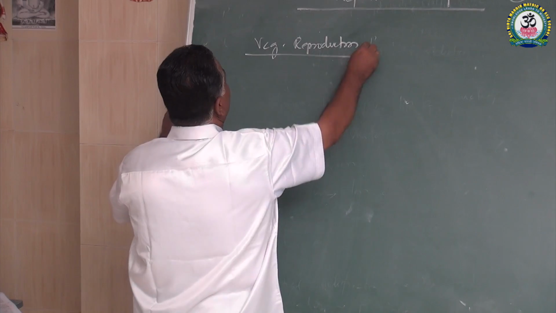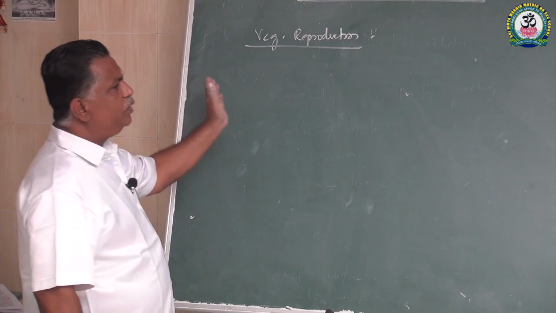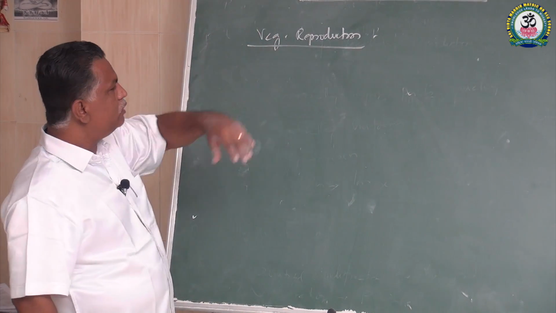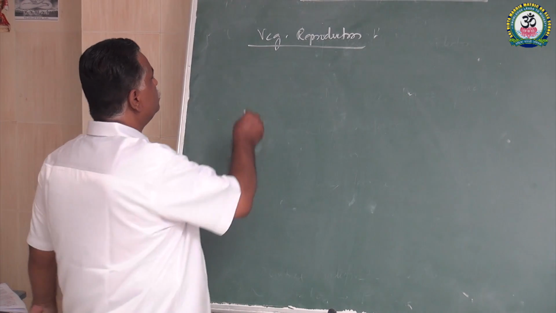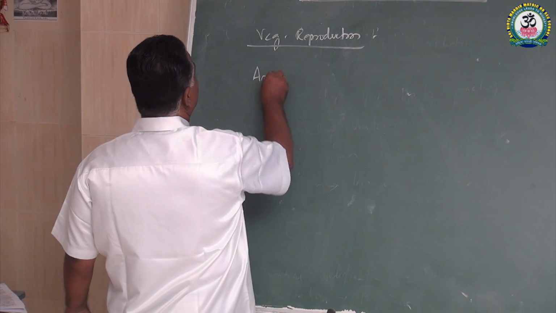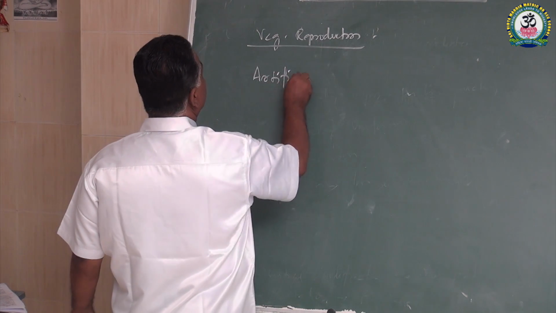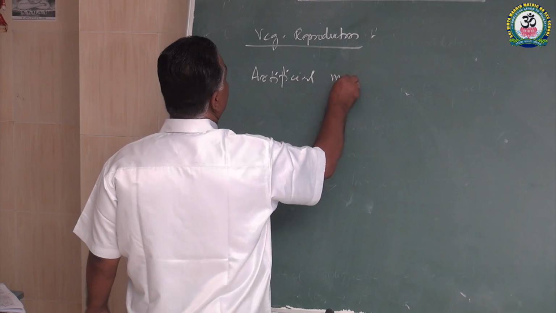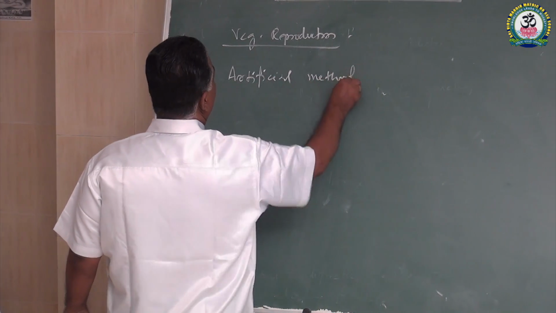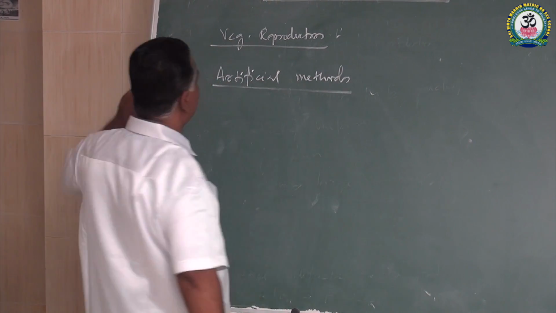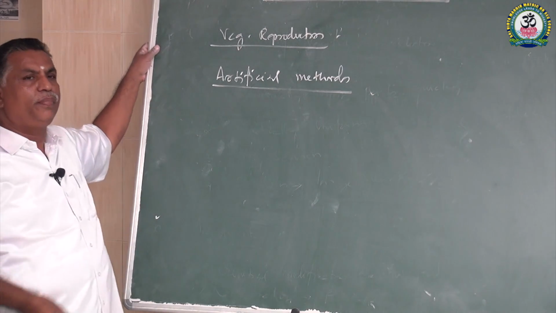In vegetative reproduction, as we said, there are two types. One is the natural method, which we talked about in the earlier frame. And now the artificial methods. What are the differences between the natural method and the artificial method?